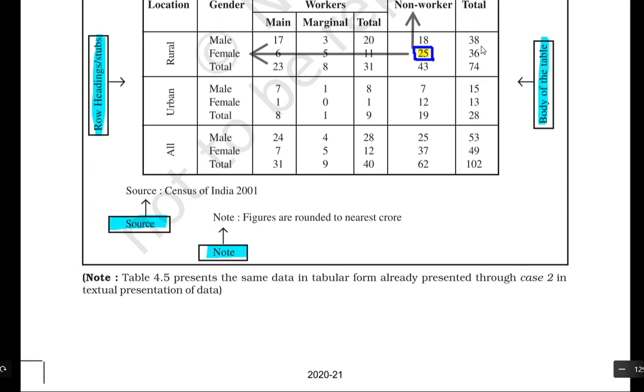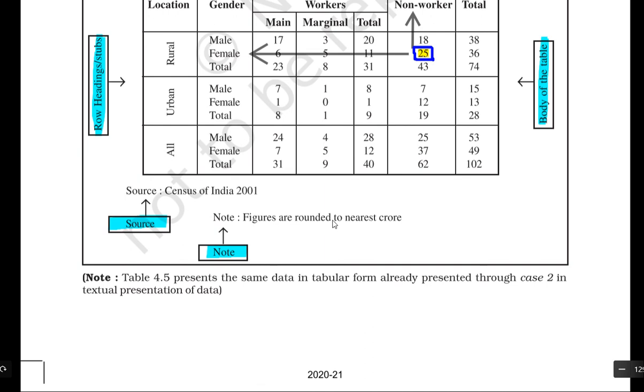Last, if you want to inform anything about this table which cannot be presented with the help of these headings, rows and everything, then you have to go with a note at the end of the table in which you can write anything which is important to the reader, to help the reader to study it.